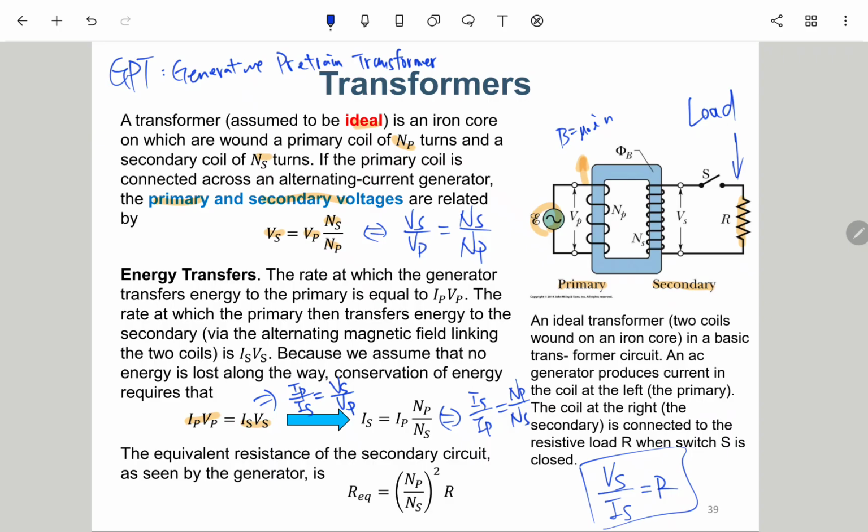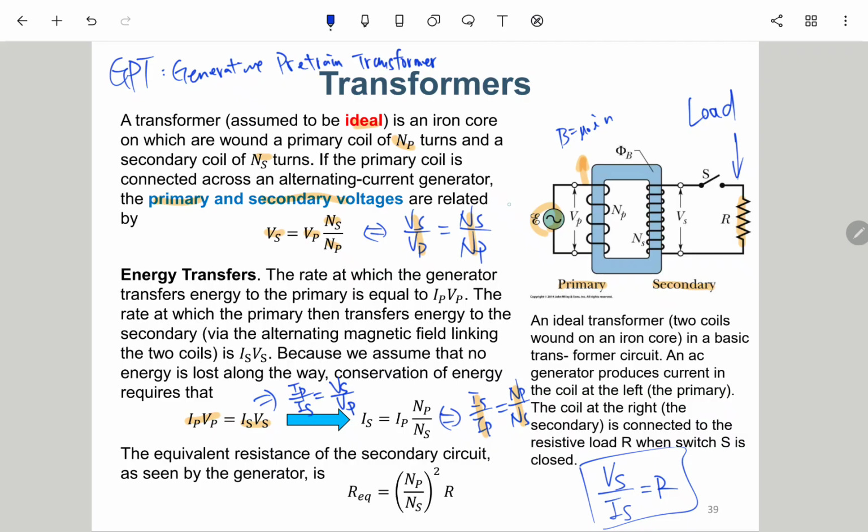However, for the primary coil, we have Vs over Vp proportional to the number of turns, and we also have Is over Ip inversely proportional to the number of turns.